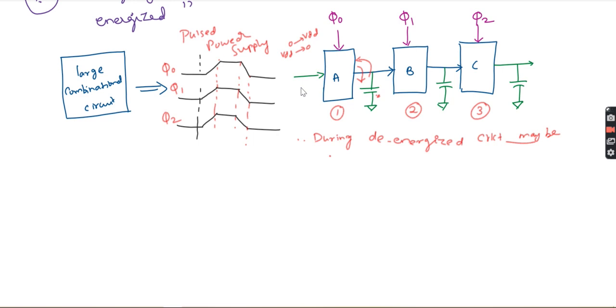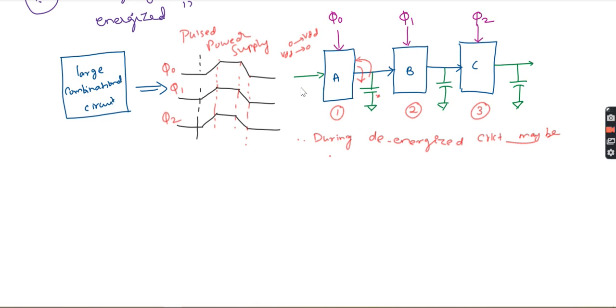That is the reason we are going for φ0, φ1, φ2. In a single supply, if I use only φ0 in all the places, what will happen? There will be a clash. That is why we are splitting, and using different smaller intermediate supply voltage waveforms.